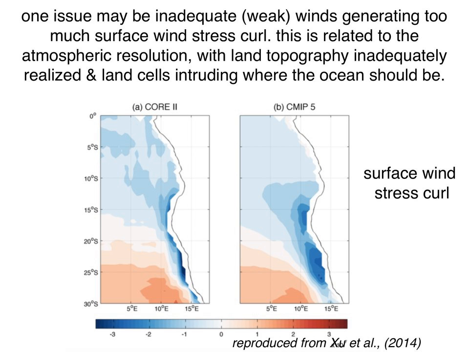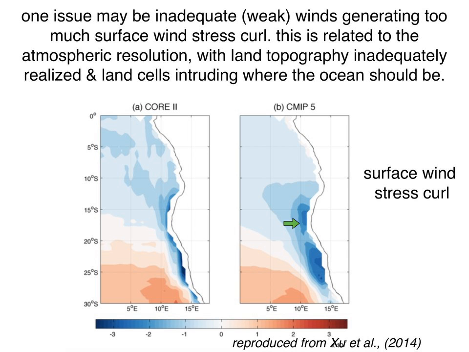One issue appears to be, and this is a plot of the surface wind stress curl from CMIP5 on the right and CORE2 on the left. You see that the wind stress curl is more pronounced in the CMIP5 models than in CORE2. This is related to the atmospheric resolution, in that the coastal winds are underrepresented in the CMIP5 models.